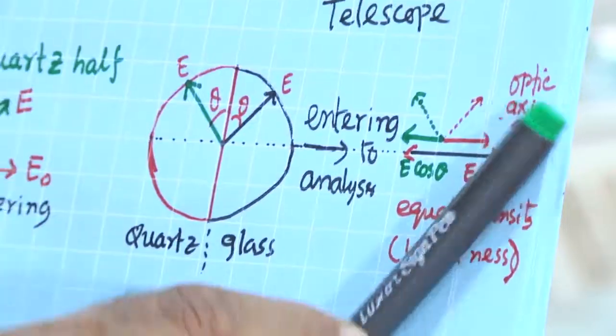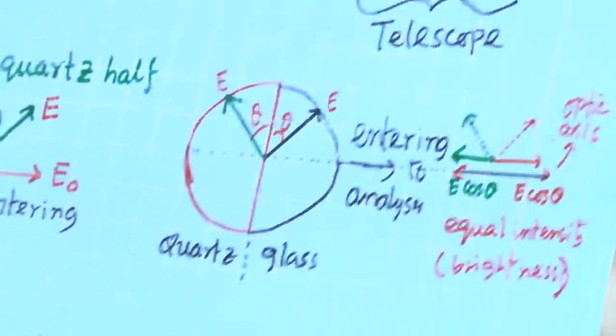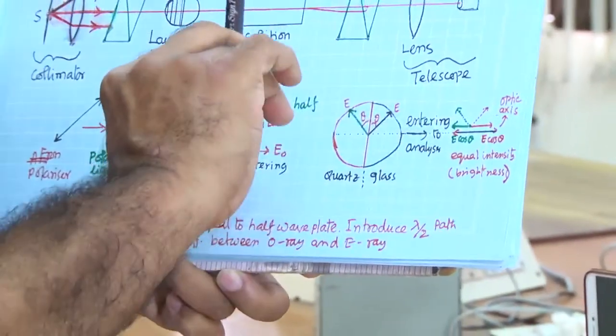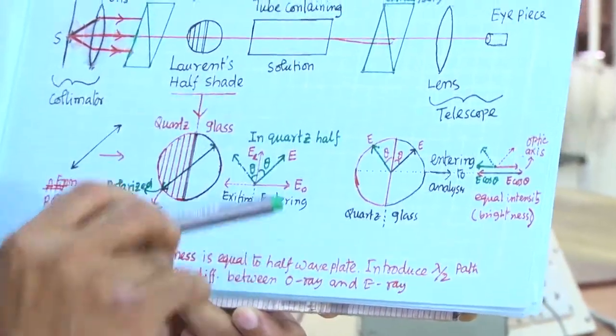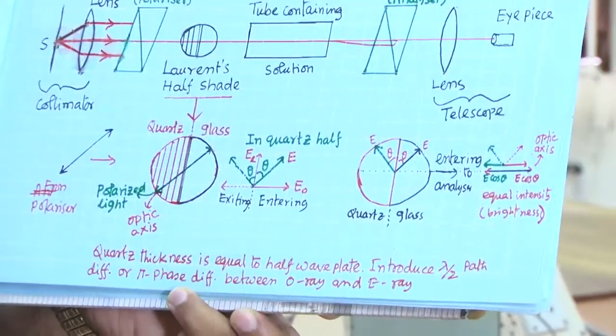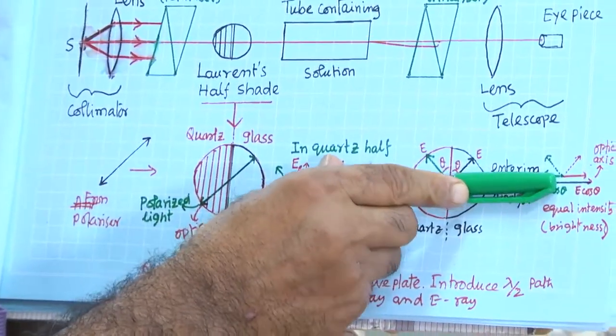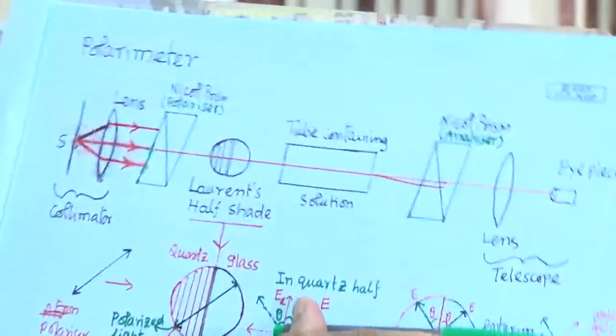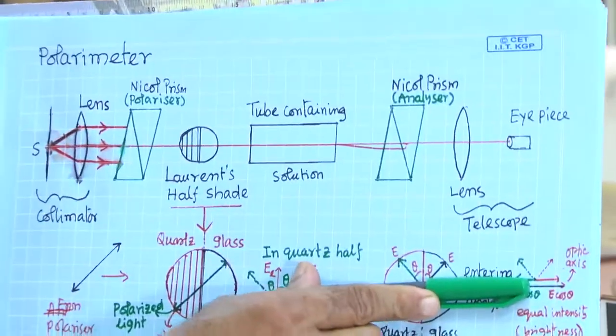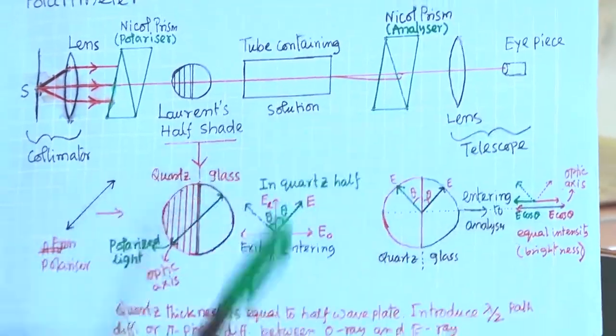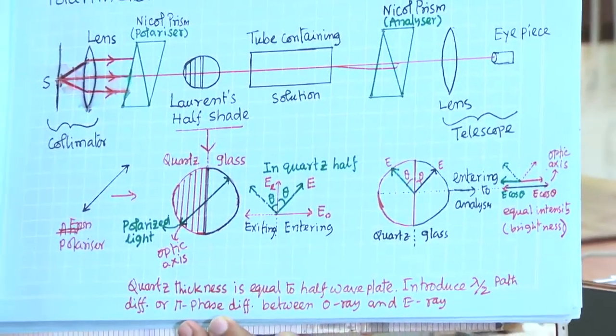So, if this is the starting point, now if I rotate this analyzer, its optics axis will rotate. Now I am at this situation, which is basically of equal intensity, right.